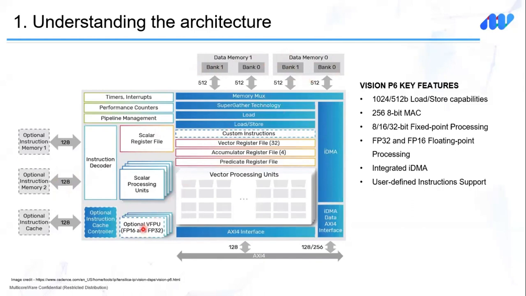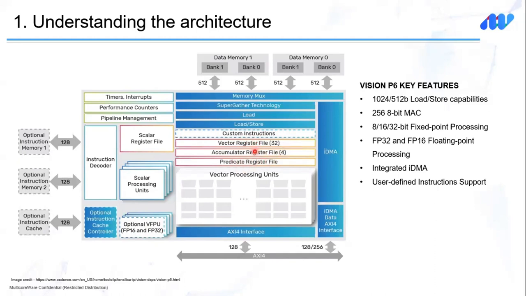The P6 also provides optional vector floating point units. This enables flexibility when engineers want to do floating point operations on certain algorithms. Next is understanding the vector register files and other register files. For example, the P6 has 32 vector register files, 4 accumulator register files, and some predicate register files.